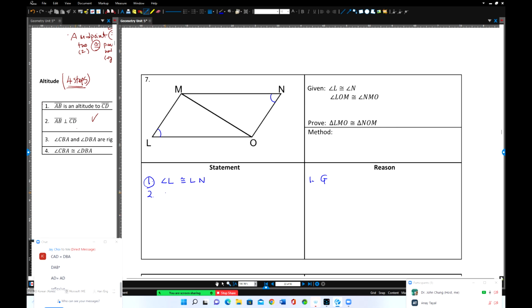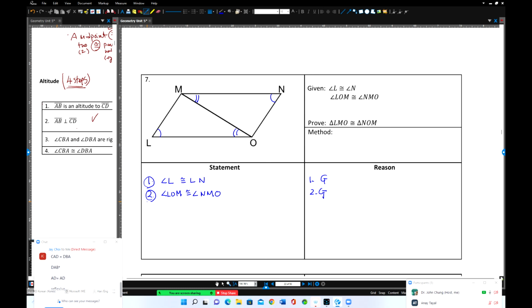The next one, angle LOM congruent to angle NMO. That's the given. Where is the angle LOM? This angle. NOM, this angle. We've got two angles already. We need one more. What is that?